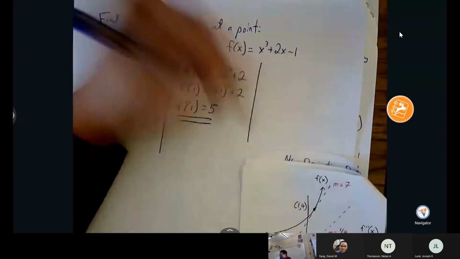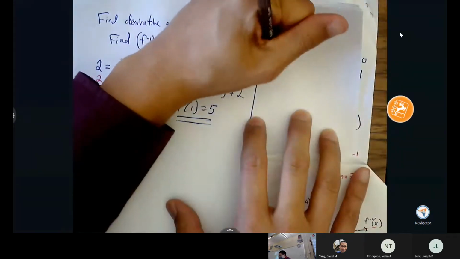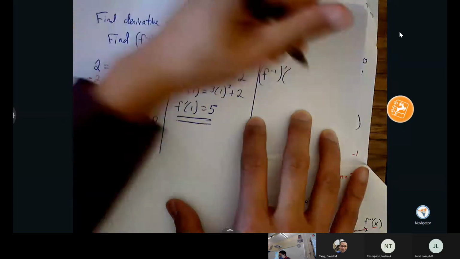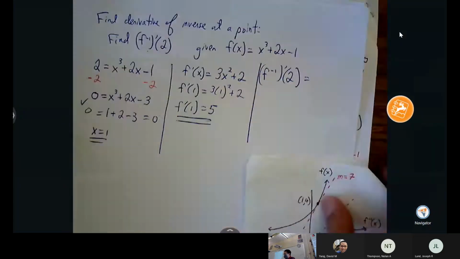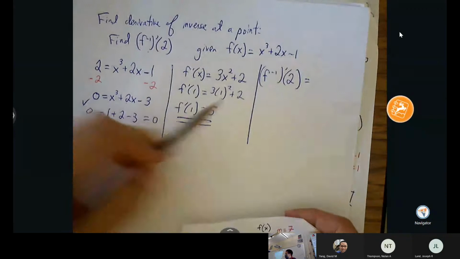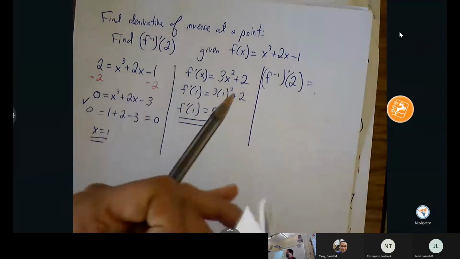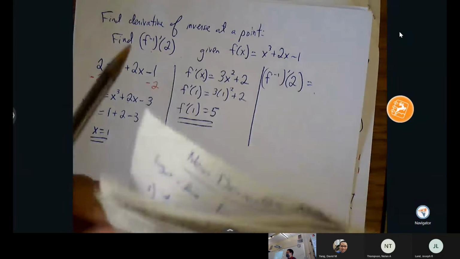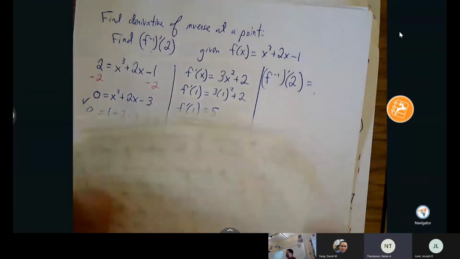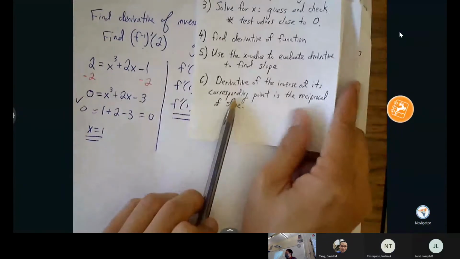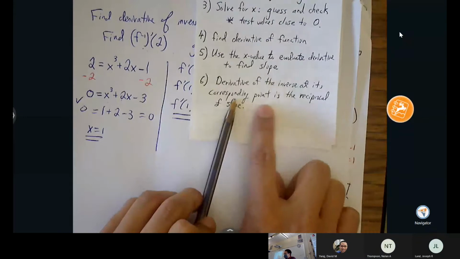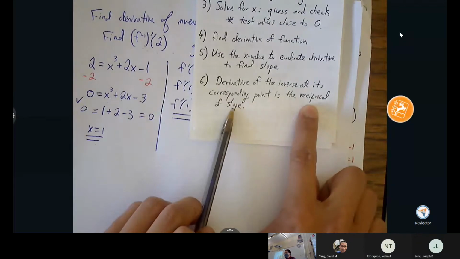So on the inverse side of things, the slope is not going to be 5, but it's going to be what? 1/5. Right, so the derivative of the inverse at the corresponding point is the reciprocal of that slope.